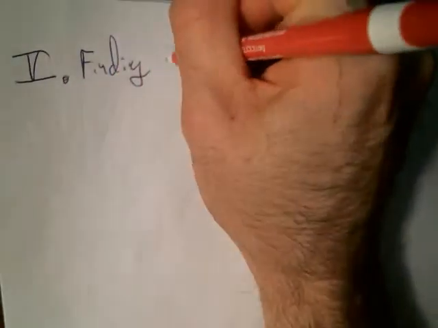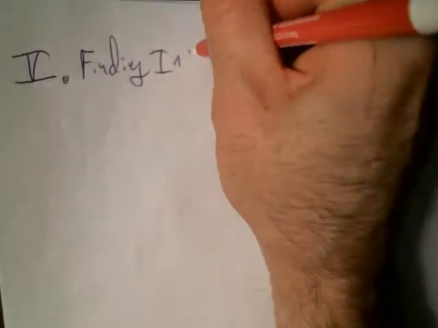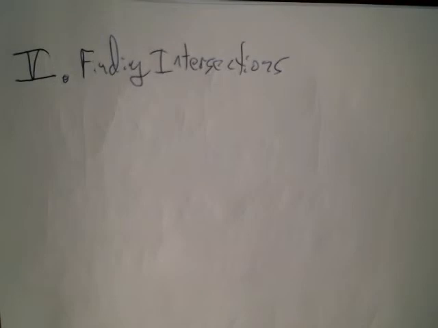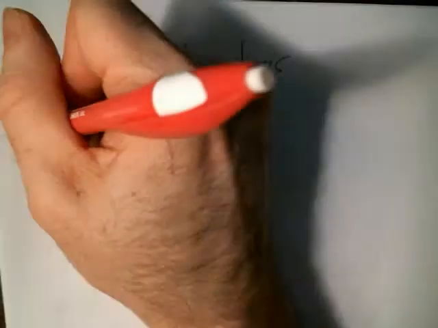Anyways, we'll need to be able to find intersections of curves. You can set equations equal to each other, or you can do the addition method, that sort of stuff. Let's take a look at two of them.